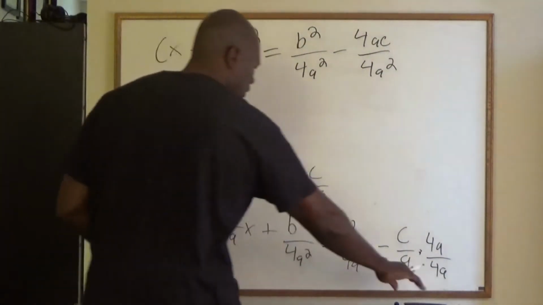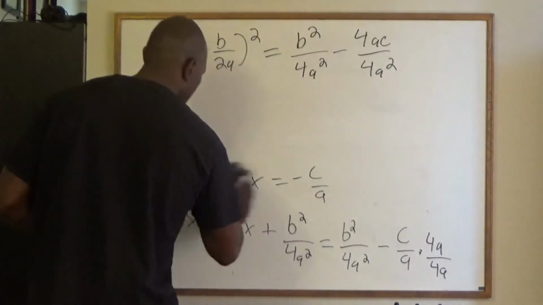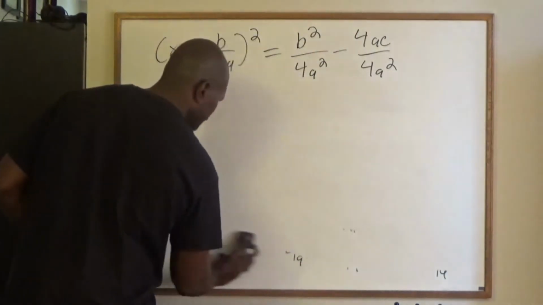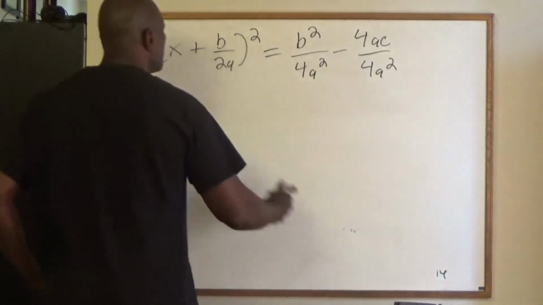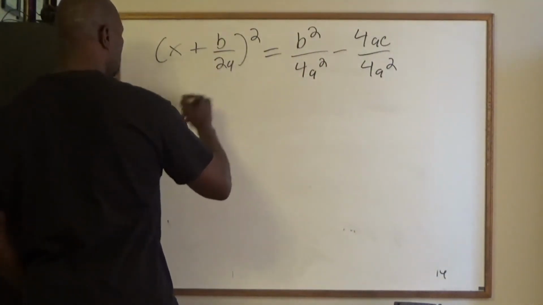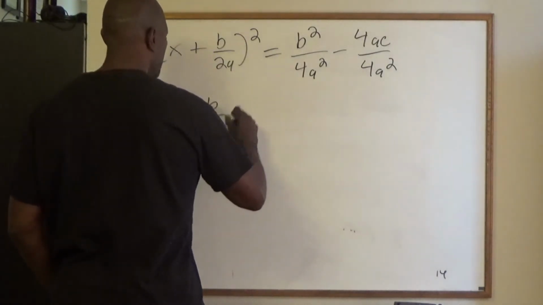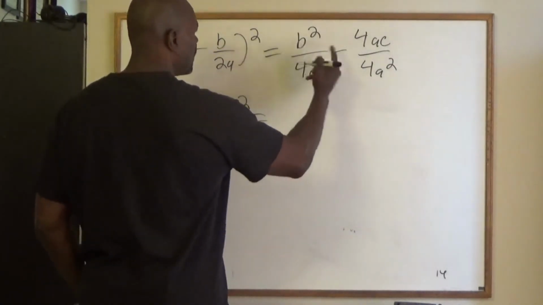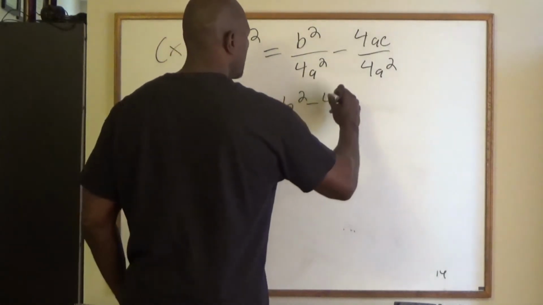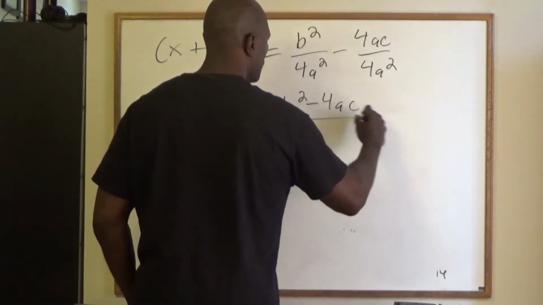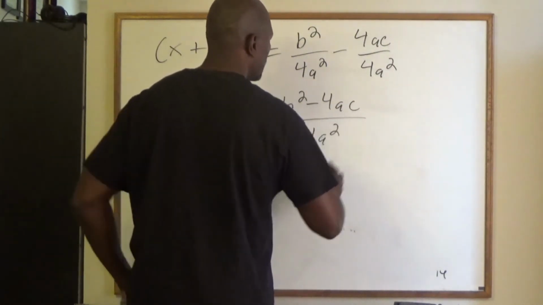So to bring it together with one denominator, I'm not particularly doing anything on the left. So x plus b over 2a squared. And here would be b squared minus 4ac over 4a squared. So I'm just combining them.